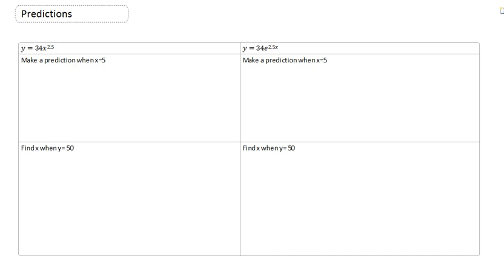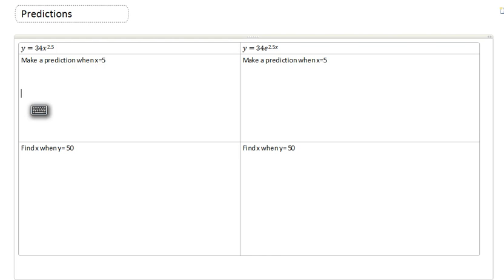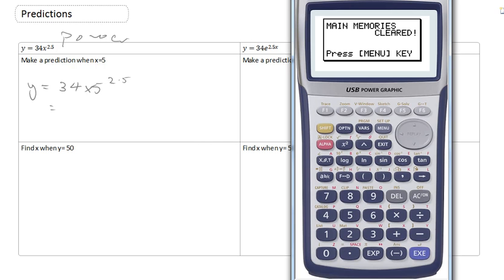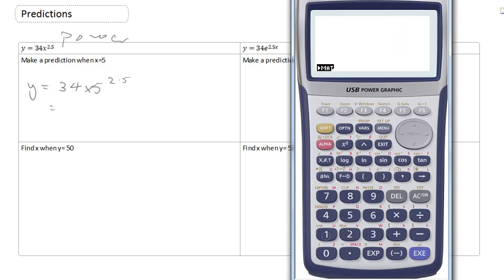Okay, so the first thing we need to do is the forward predictions. I've been given two equations, a power one and an exponential one, and I'm going to make a forward prediction. So the first one, I've been given that y equals 34 times 5 to the power of 2.5, which I'm going to call up my calculator, put it into run, and just do that. 34 times 5 to the power of 2.5.